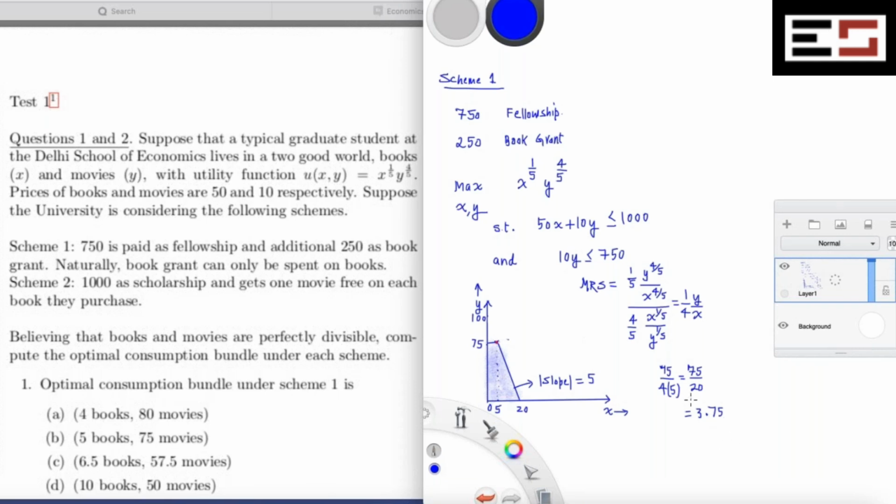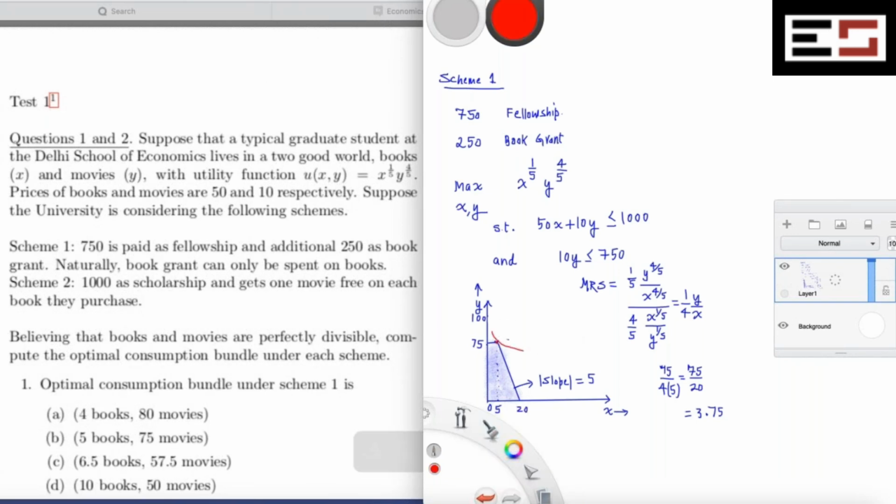Okay, so what is the slope of the indifference curve at this point in absolute terms? It is 3.75. And do you agree it's less than the slope of the budget line? If you just compare this portion of the budget line, it is steeper than the indifference curve at this point. So what that means is, if you try and draw the indifference curve, it will be flatter.